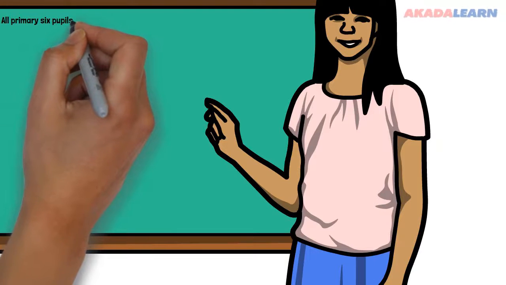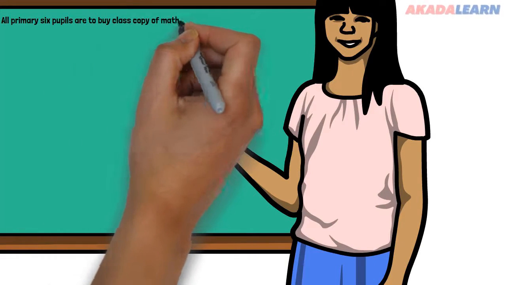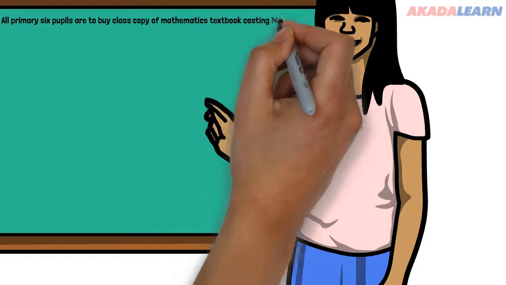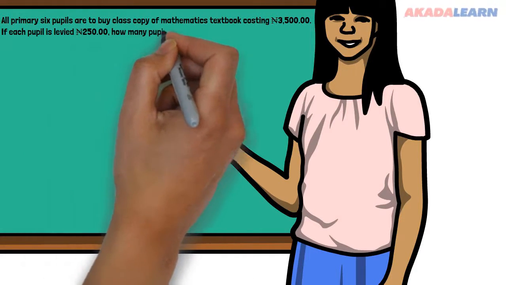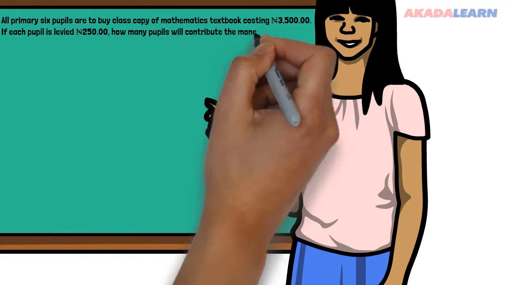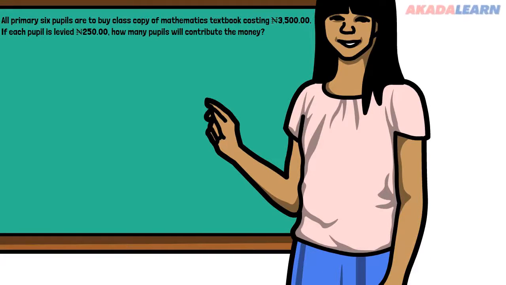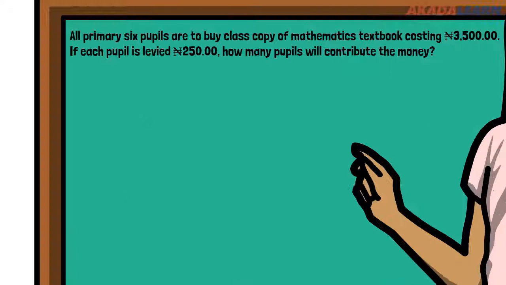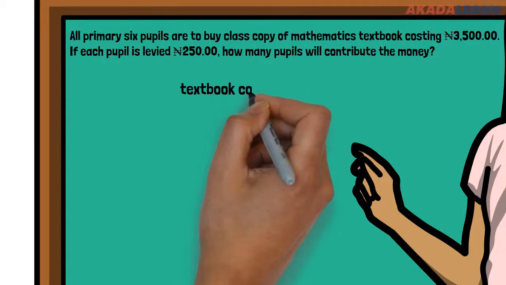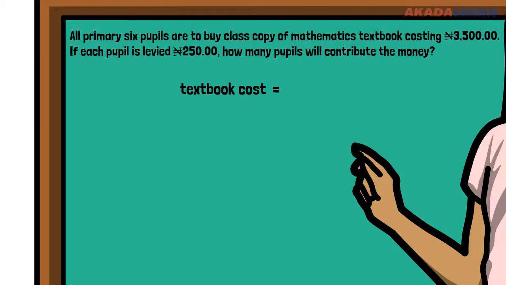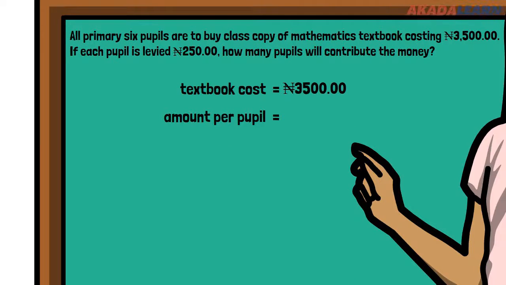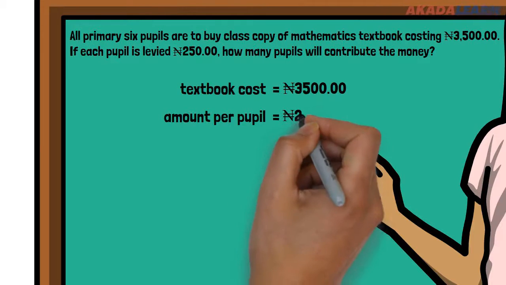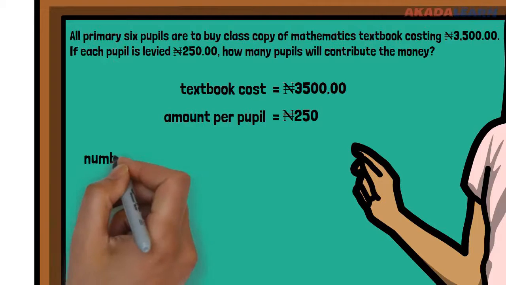So let's look at the next part of that question. It's the same question like the last one. So if each pupil is levied 250 naira, how many pupils will contribute the money? So let's begin. So we know that textbook cost is equal to 3,500 naira. Then amount per pupil is equal to 250 naira.